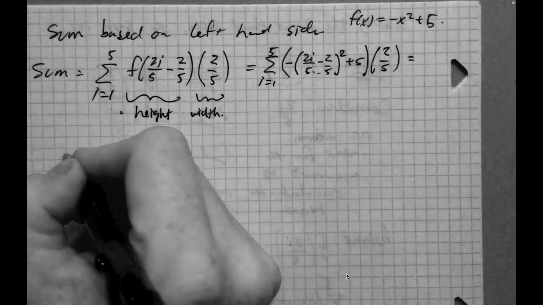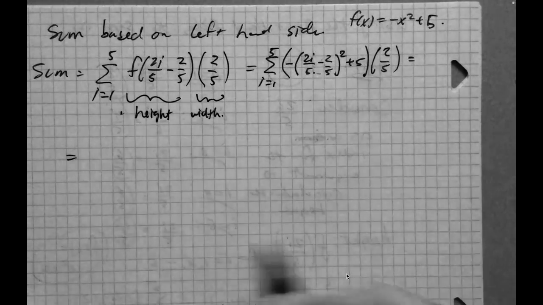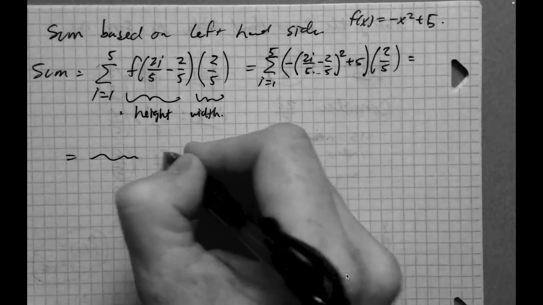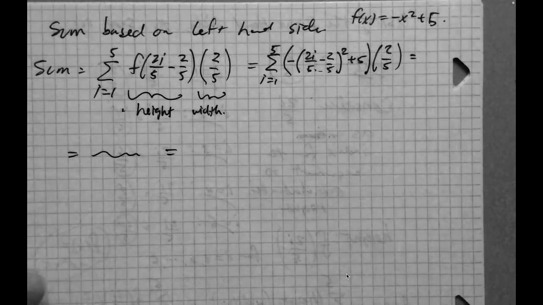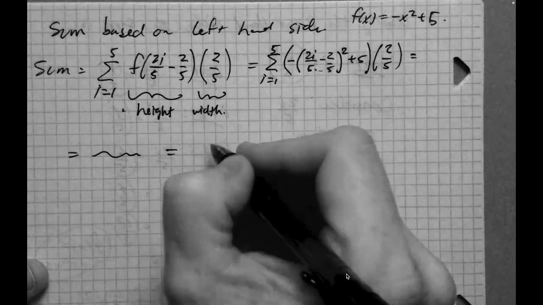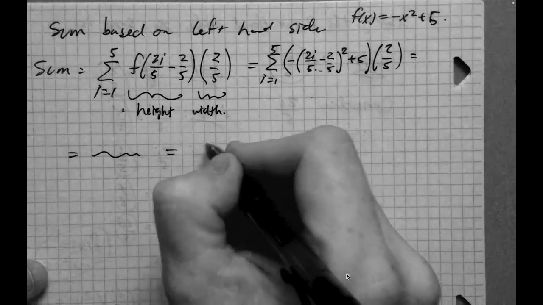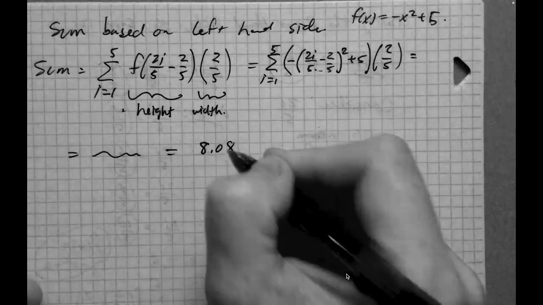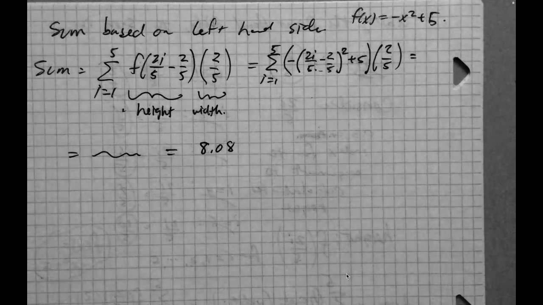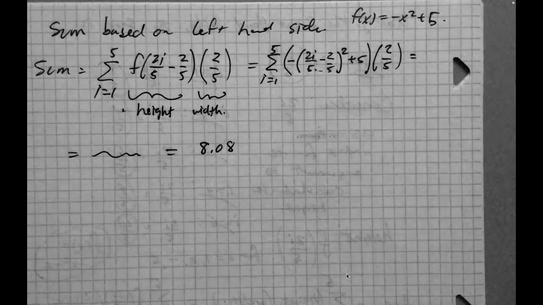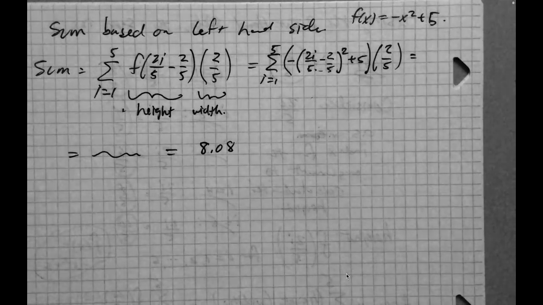There's a fair amount to do, so I'm going to skip it in the interest of time. But what you'd end up with, and I did this off to the side, is approximately 8.08.